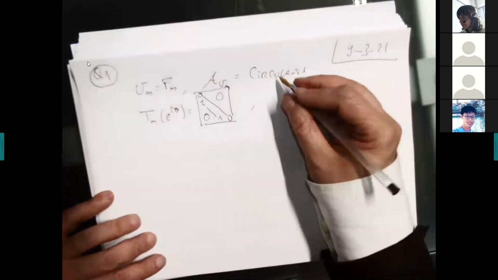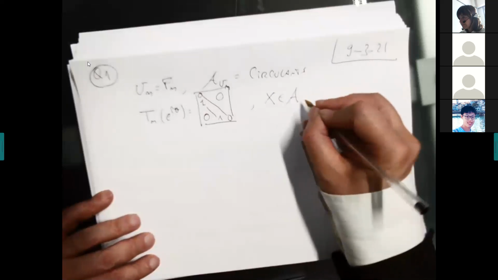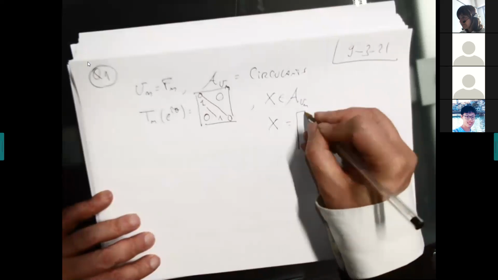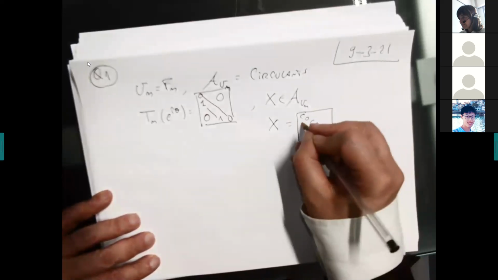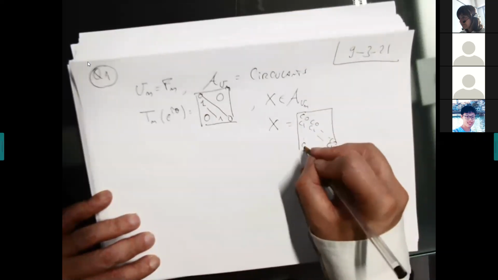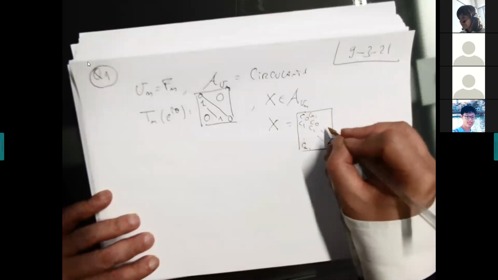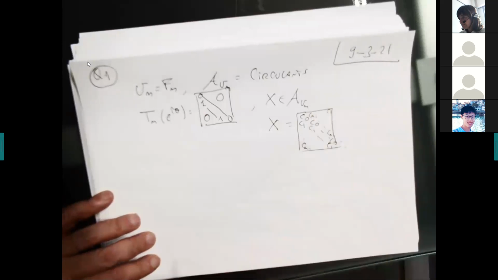Now the generic circulant, so x belonging to A_Un, is done in this way. There is c0 on the diagonal, then c1, till c n minus 1, and then everything is repeated. So here there is c n minus 1, and here there is a c1.